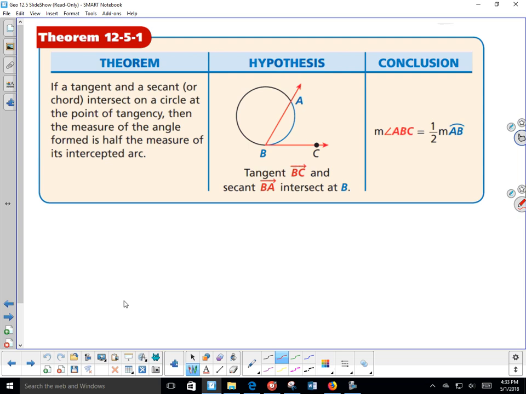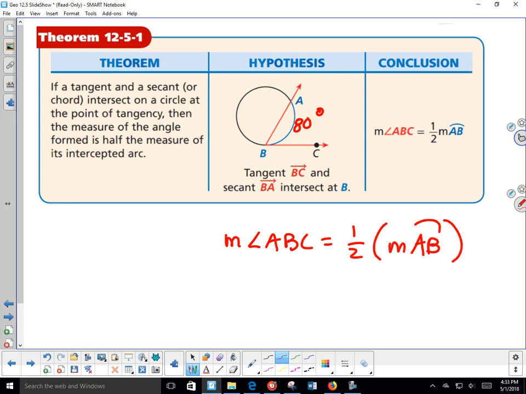So for example, if we knew that arc AB was 80, then we would know that the measure of angle ABC would be half of 80. So we would know that this angle would be 40 degrees.